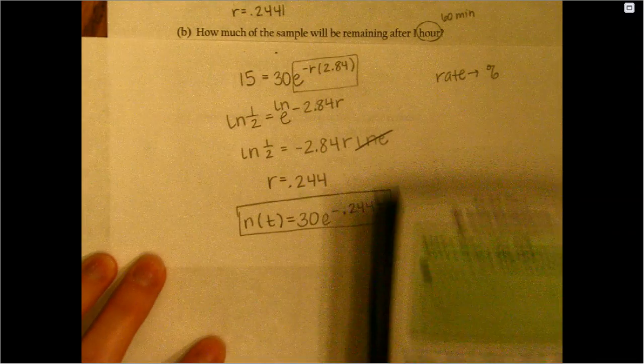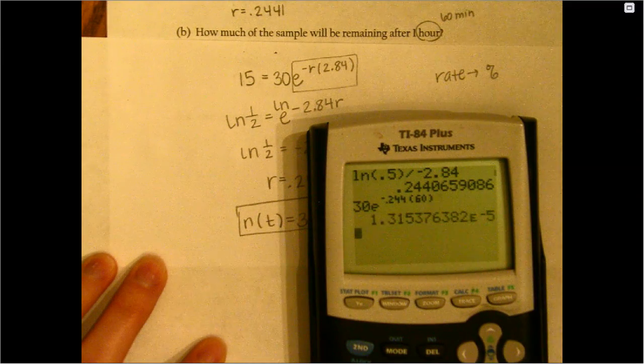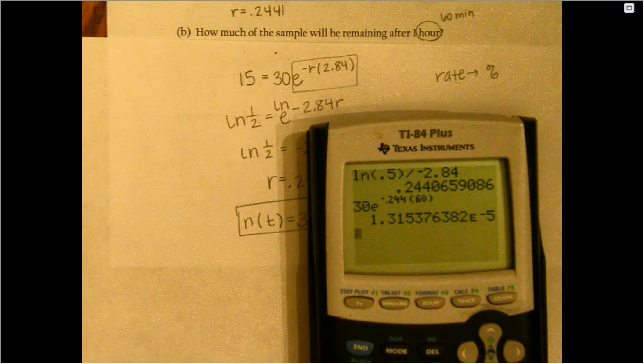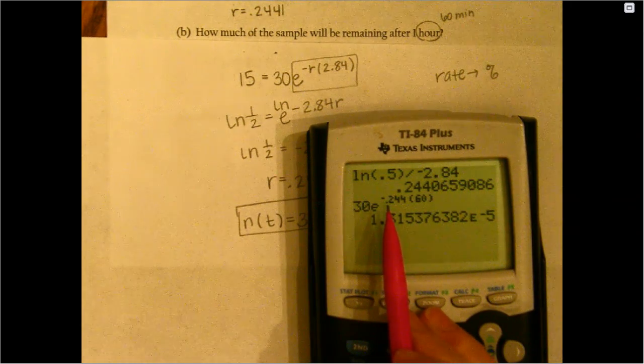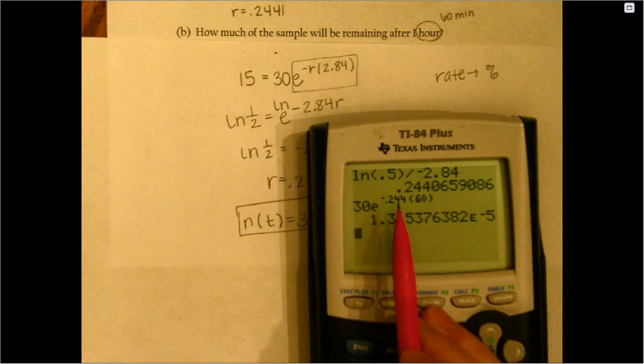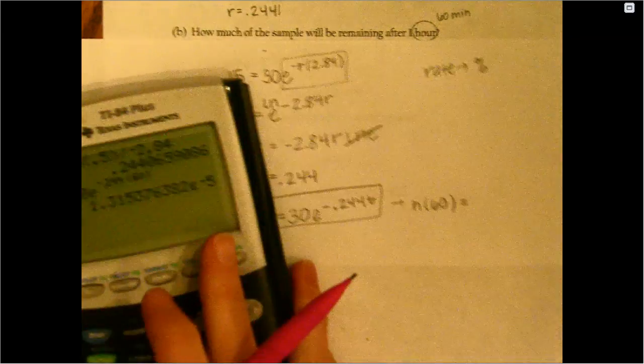So I'm just going to plug 60 into my equation, 30 times e to the negative 0.244 times 60. And I get that. So that's a really small number, which makes sense because if this is my rate as a decimal, that means it decays about 24.4% per minute. So you really should not have a lot of your sample left after an hour.